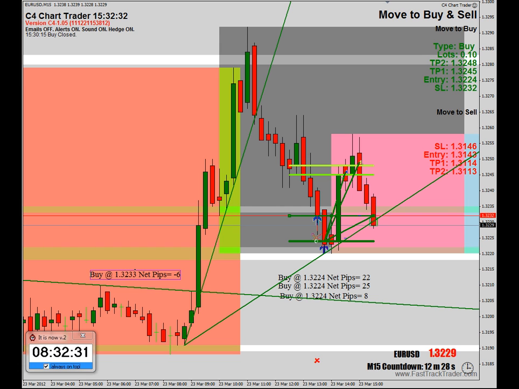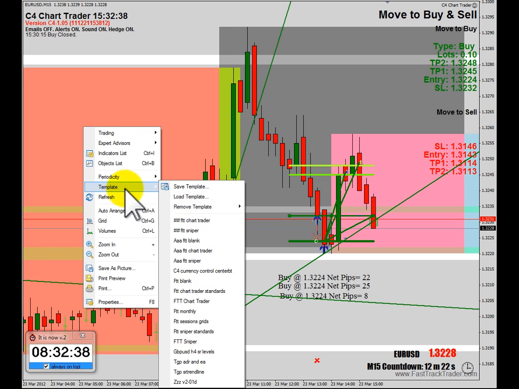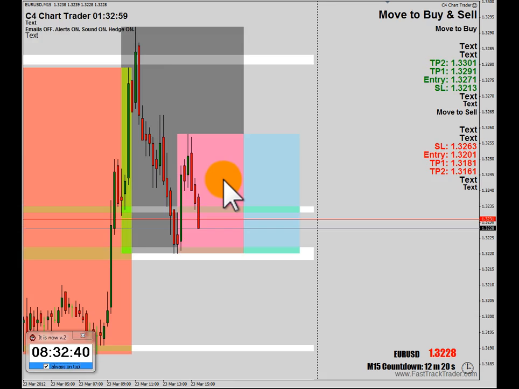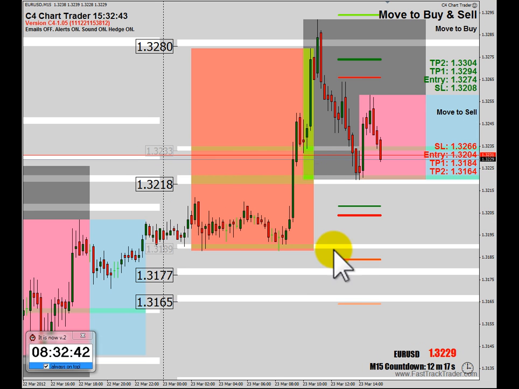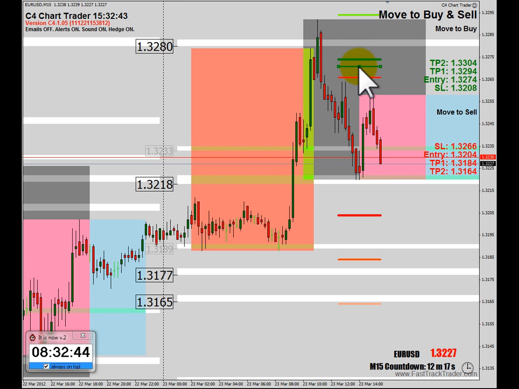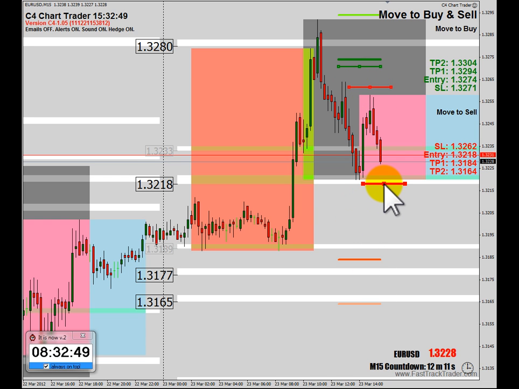Okay, so this is Chart Trader. So let me reset the template. And here's the black, and let's watch for a break and a retest the other way. Put it right there, 32.18.